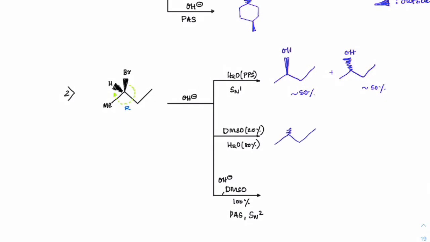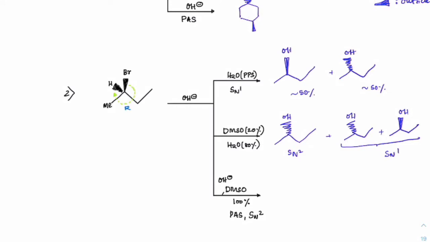This one is coming from SN2, plus these two are yielding from SN1. So overall, the percentage inversion is more, because some amount of inversion is also coming from SN2.